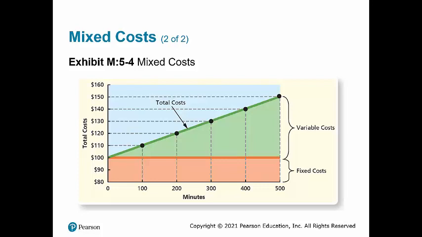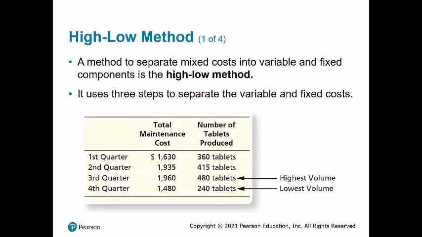So if Smart Touch Learning uses the phone for 100 minutes, the total variable cost is $10. If it doubles the use to 200 minutes, total variable cost also doubles to $20 and the total bill rises to $120. When companies have mixed costs, it's helpful to separate the cost into the variable and fixed components so managers can use the information to make planning and controlling decisions.